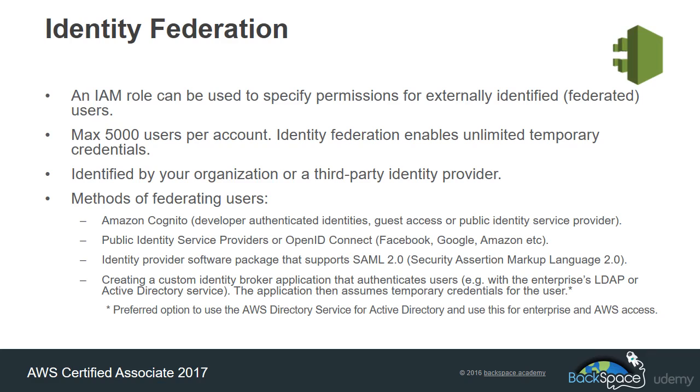And we can do that safely by having a trust relationship with our organization. Our organization can validate or authenticate those users through, for example, our LDAP service, our directory service, or we could use a third-party identity provider.